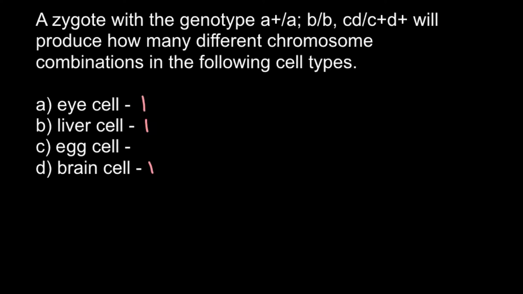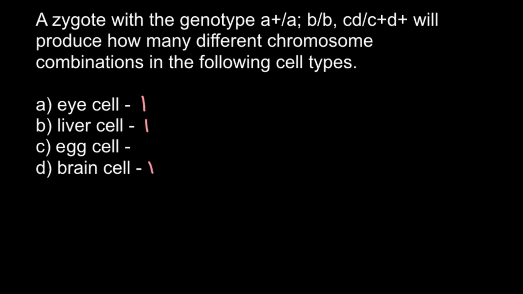First of all, how many genes we see here. Some people may think that here is one gene, second gene, and third gene with the name CD. And this would be the first place where you can make a mistake. Actually, we have here gene A that represented by two alleles, A plus and A. We have gene B also represented by two alleles, B and B, so this is homozygous condition.